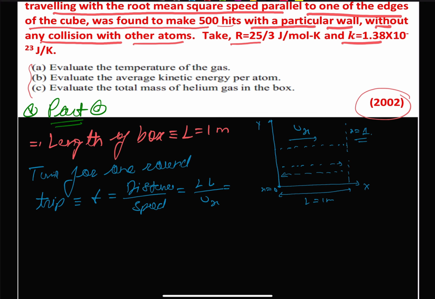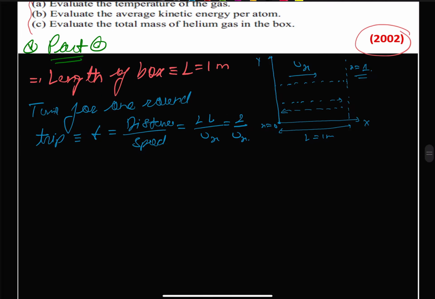This is the time taken, and we are given the frequency of hits, which is basically hits per second.